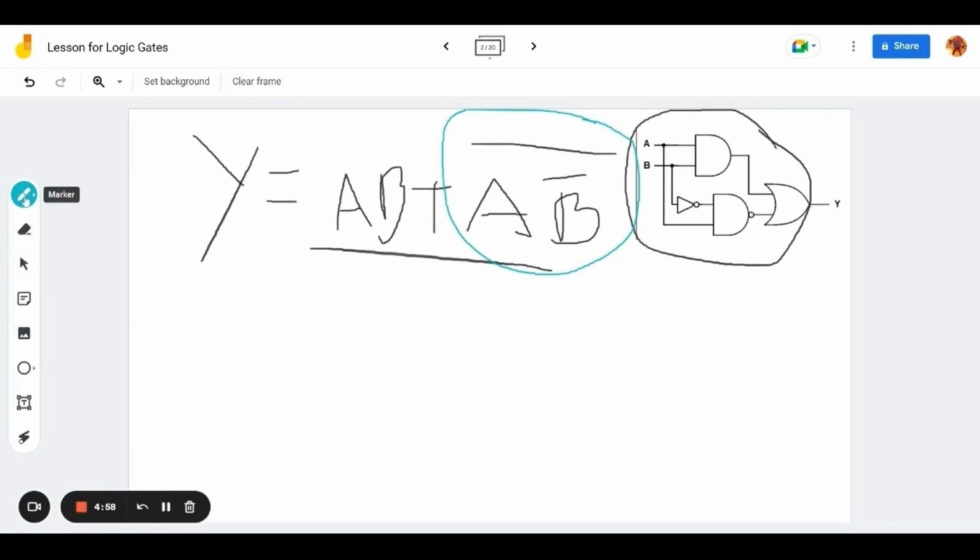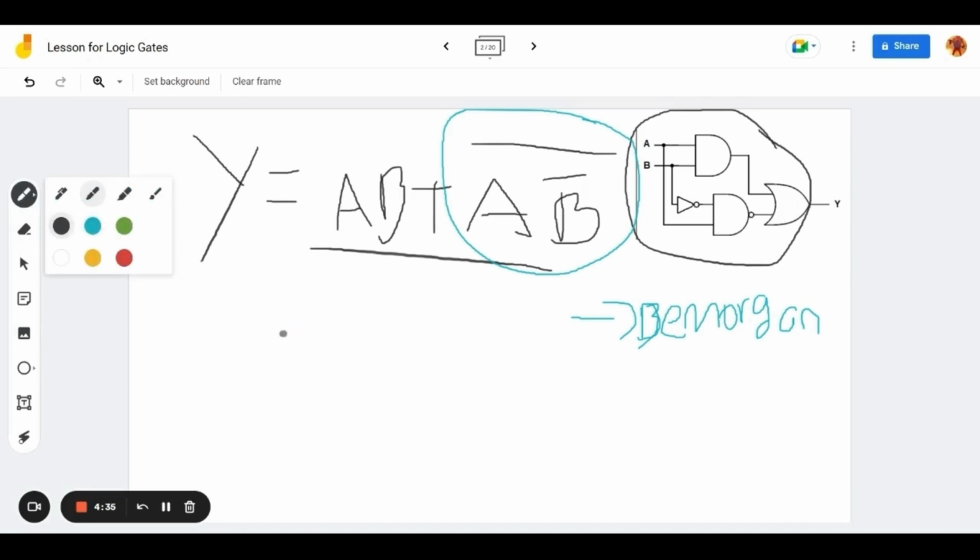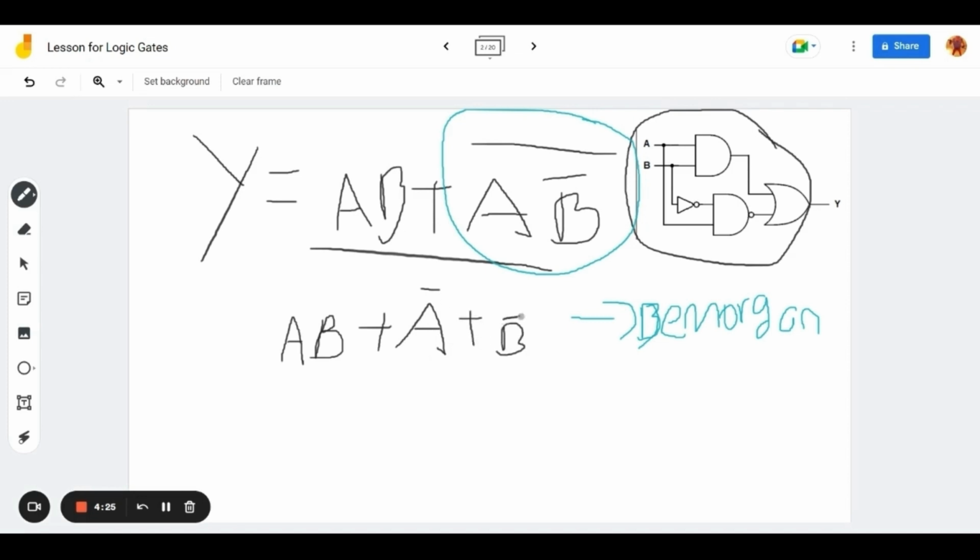So now we're using De Morgan's theorem. As we've learned, because it's multiplication, we end up using addition between them, and that divides them. So we could just write De Morgan's, and that becomes a' plus b''.